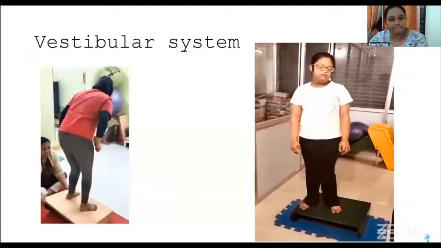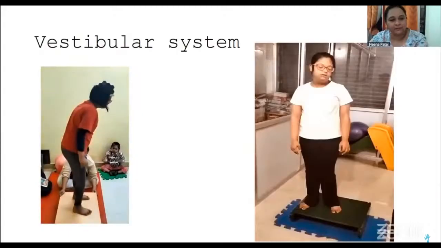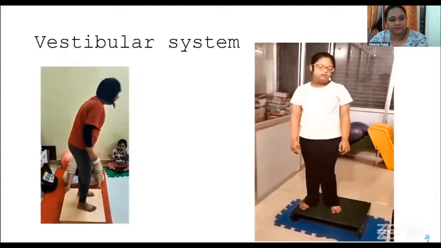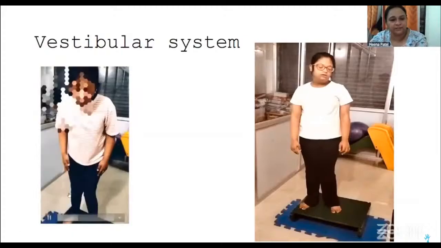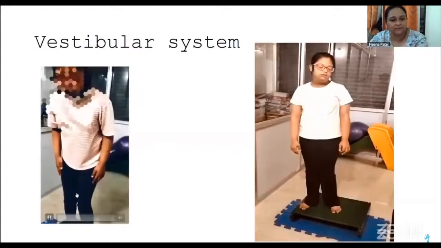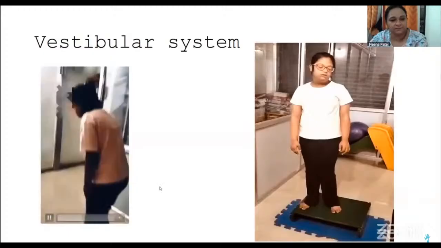See how much she is bent. The same day, she is a little bit relaxed and able to see right and left. This is after one session. This is the second day session of correction. She is quite better. Her body is relaxed.